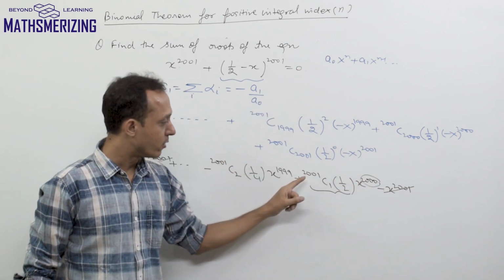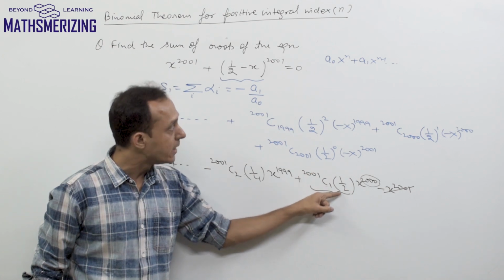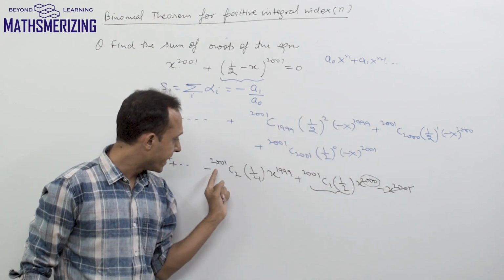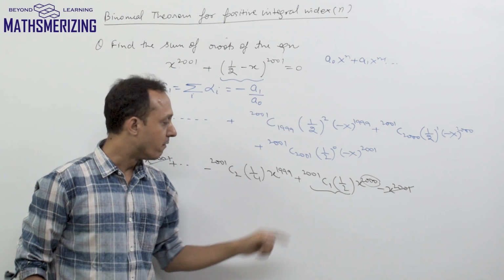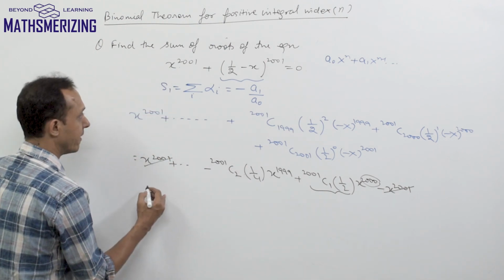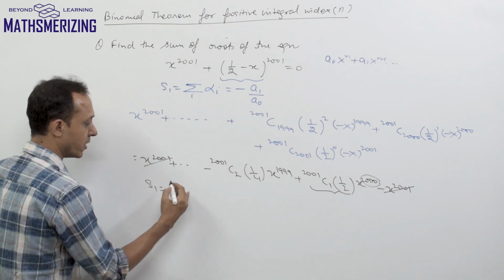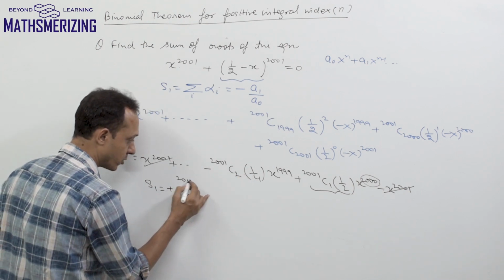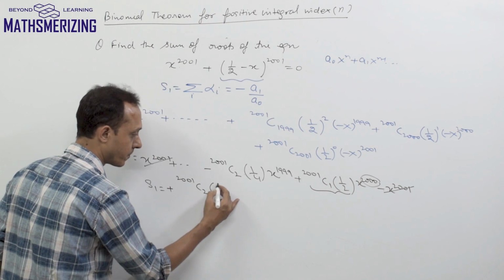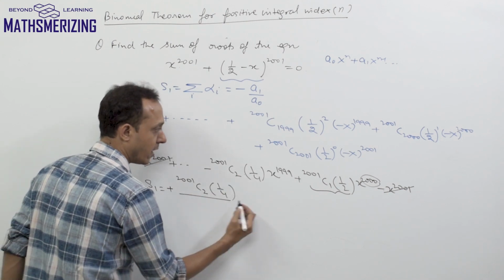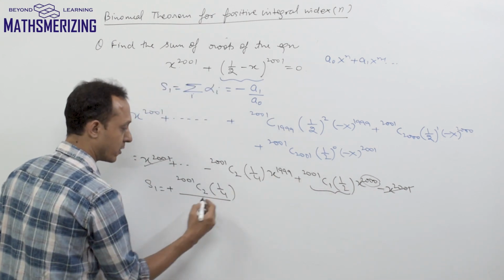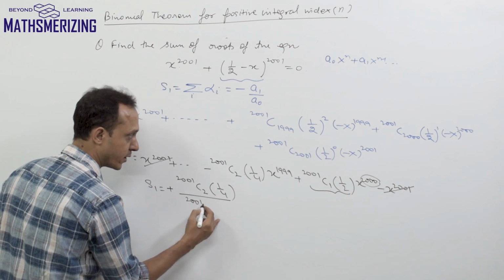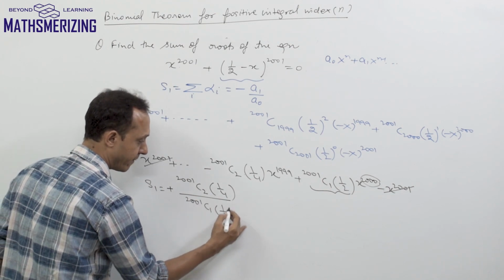Now what is a naught? A naught is 2001 c1 into 1 by 2, and a1 is minus 2001 c2 into 1 by 4. So the sum of all the roots will be minus a1 upon a naught, and minus and minus will be plus. So 2001 c2 into 1 by 4 upon the coefficient of x to the power 2000, which is 2001 c1 into 1 by 2.